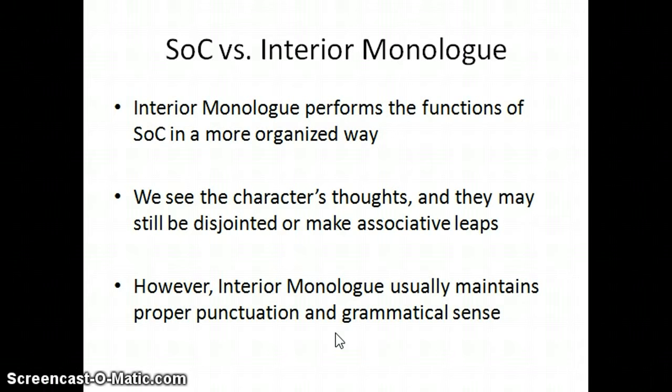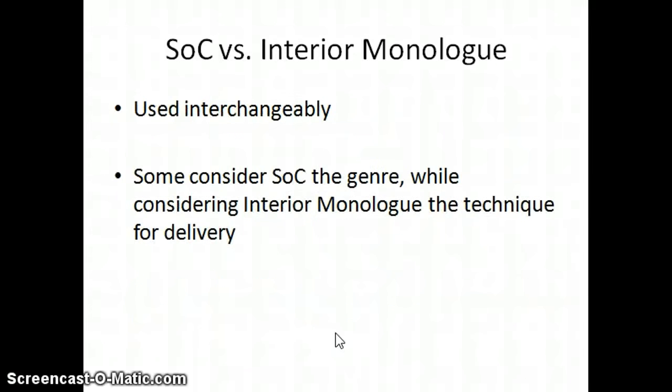Often it'll be a more comfortable narration, whereas stream of consciousness might make you stop and think. Maybe you have to reread some of the stuff because you're reading someone else's thoughts and they're not going to think like you necessarily. These terms, though, still are used interchangeably, and some consider stream of consciousness as the genre, while interior monologue is the delivery of stream of consciousness, because inherently stream of consciousness is the interior speech in someone's brain. So it is, by definition, an interior monologue.